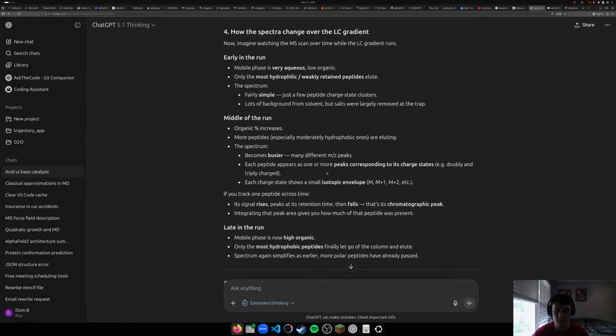Middle of the run, more organic, more peptides. The spectrum becomes busier, many different m/z peaks. Each peptide appears as one or more peaks corresponding to doubly and triply charged ions. Each charge state shows as a small isotopic envelope. If you track your peptide, the signal rises and then falls.